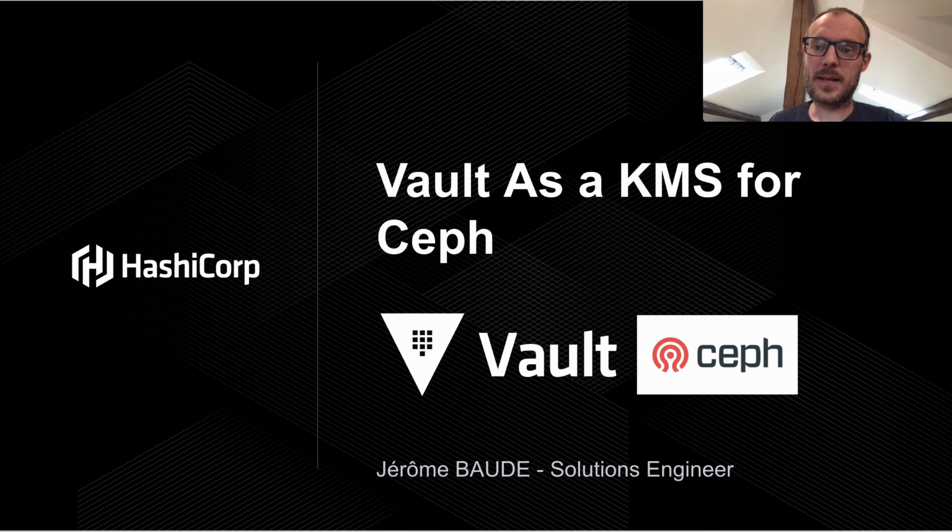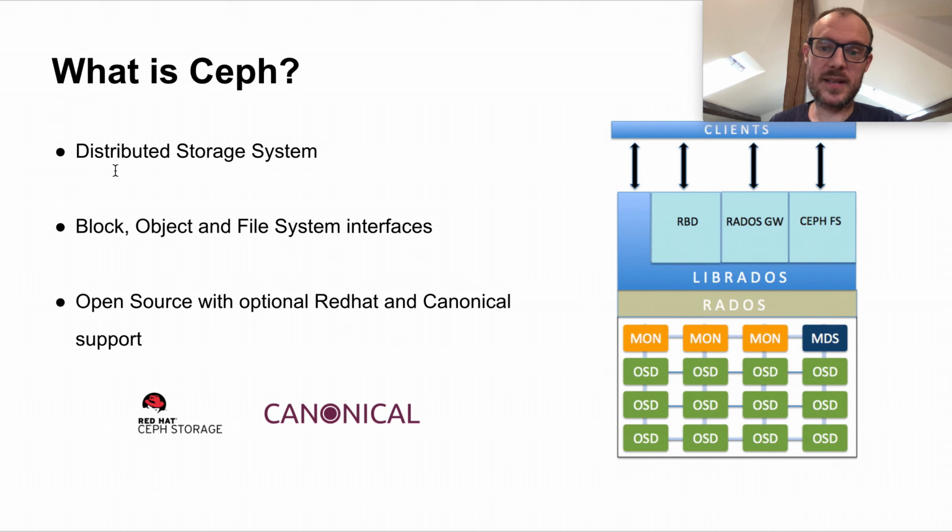So Ceph is a distributed storage system, highly scalable. It can provide a block interface as well as a file system interface. And today we are going to deal with the object storage interface. So Ceph is an open source project.